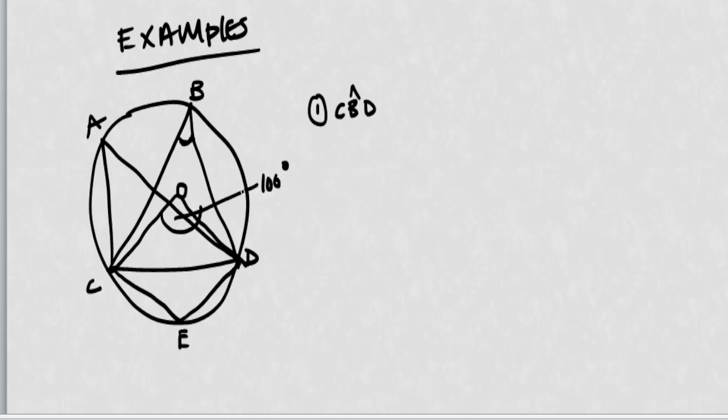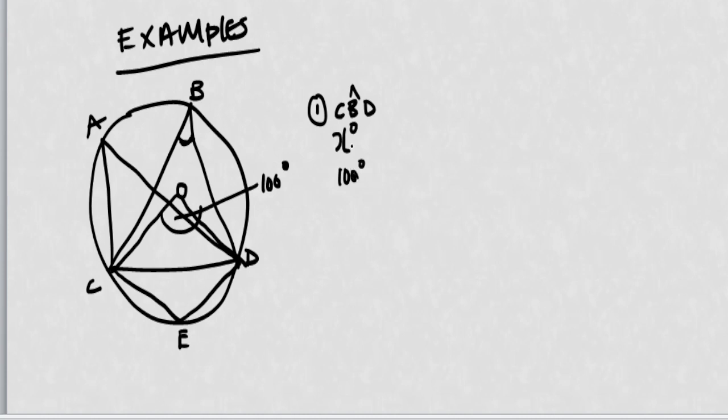What did we say about such kind of a theorem? We said an angle at the circumference is twice the angle at the center. Suppose the angle at the circumference is x degrees. Then the angle at the center is 100 degrees. You see that?